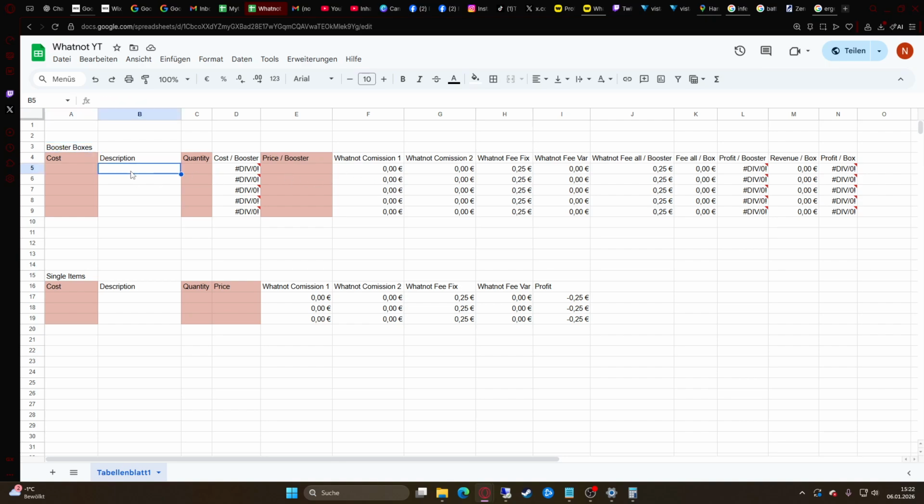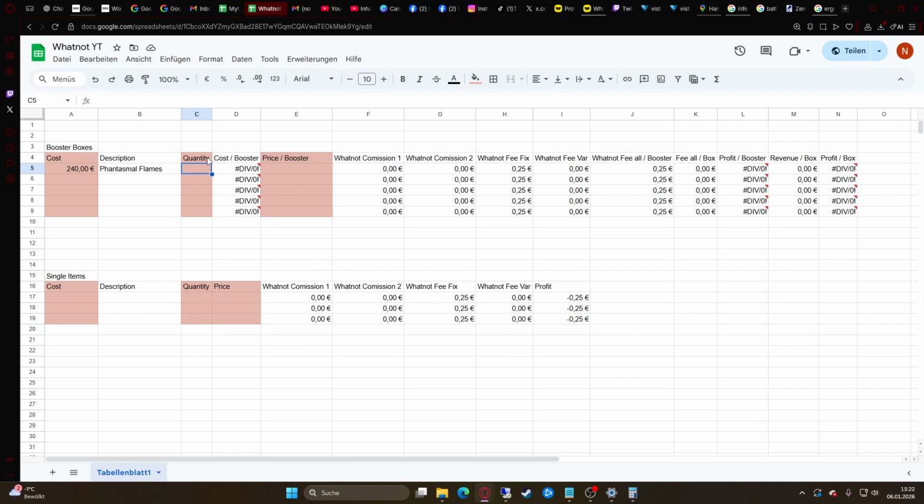I would say we just start with an example, and I'll describe everything. Let's say we buy a Phantasmal Flames booster box for, I don't know, 240 or something. These are random numbers, guys. This is just off the top of my head to have an example, right?